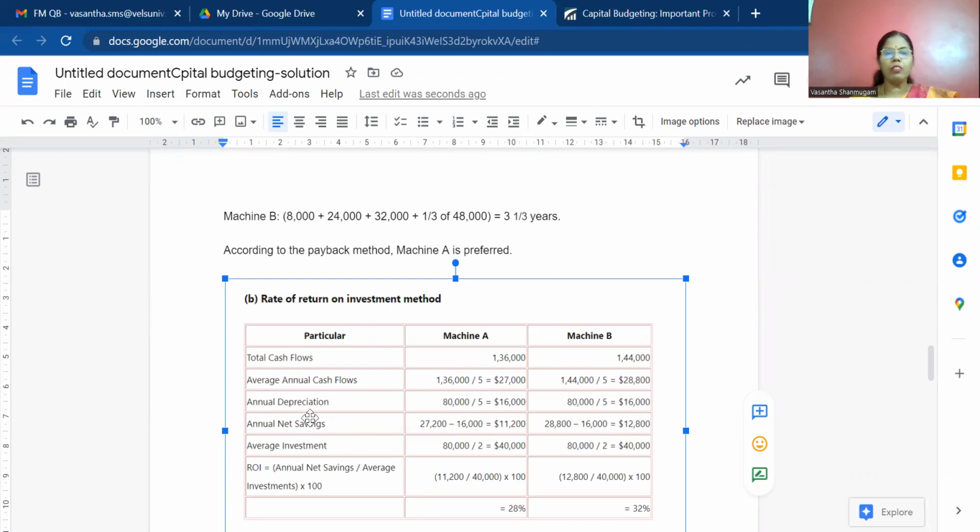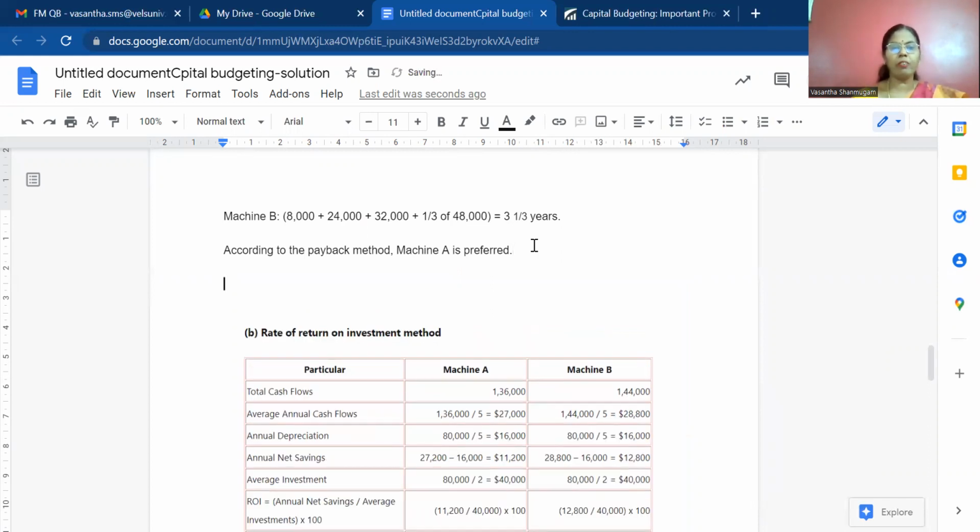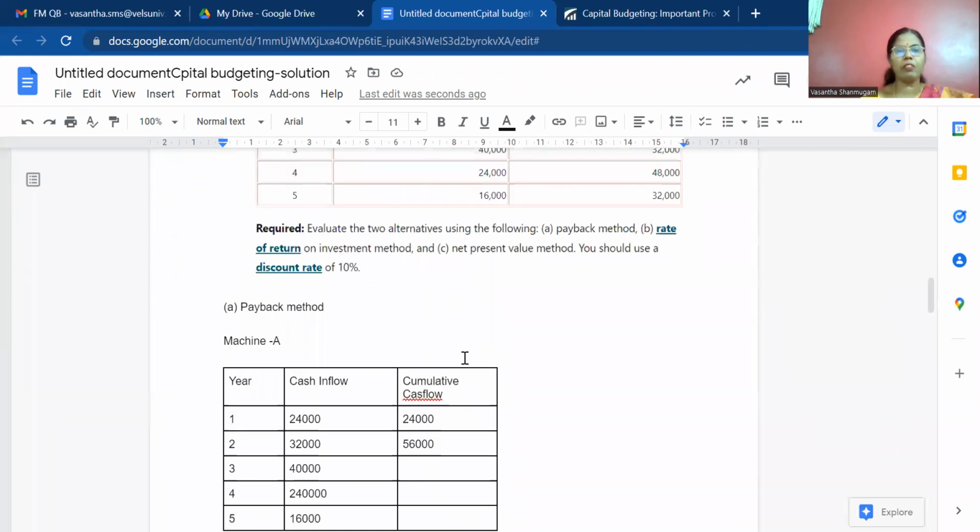Now you have to calculate the annual depreciation. What is the formula for annual depreciation? Because from the cash flow you get, you subtract depreciation, and if there is any scrap or savings given, you deduct it.